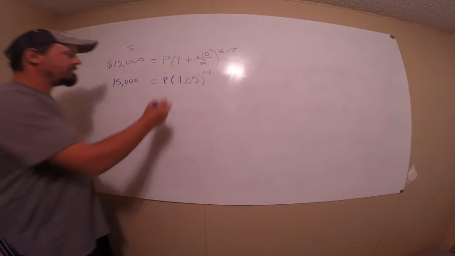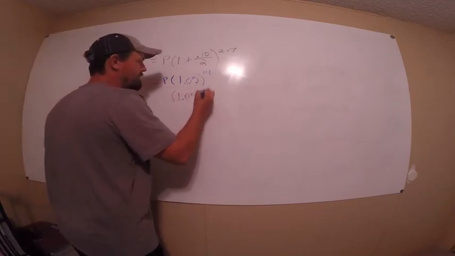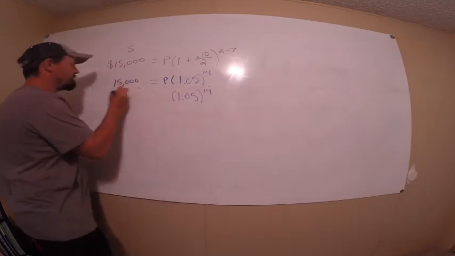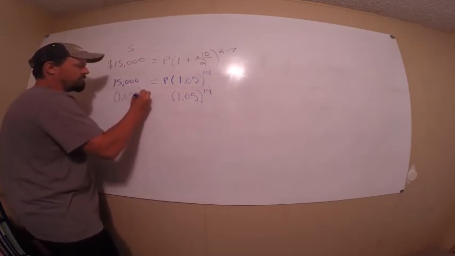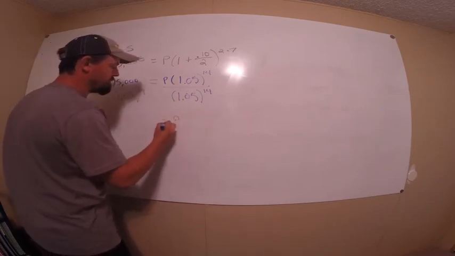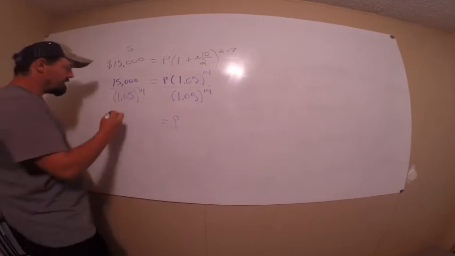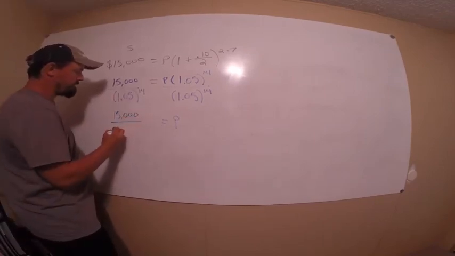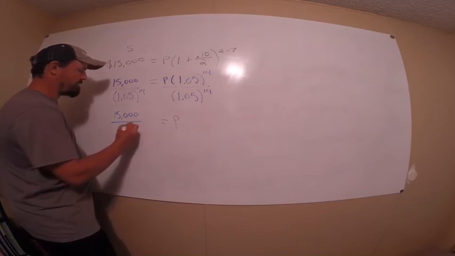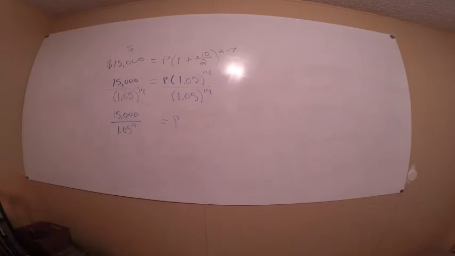So to get P by itself, I just have to divide by 1.05 to the 14. So P equals, that marker's trying to die on me just like my camera has been tonight, 15,000 divided by 1.05 to the 14. Let's type it in your calculator and see what we get.